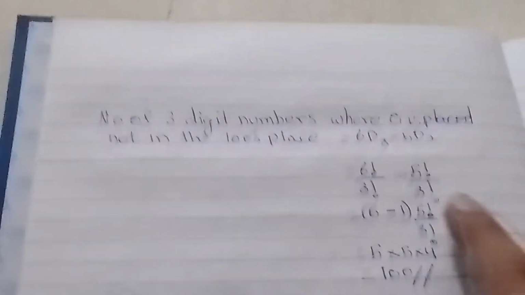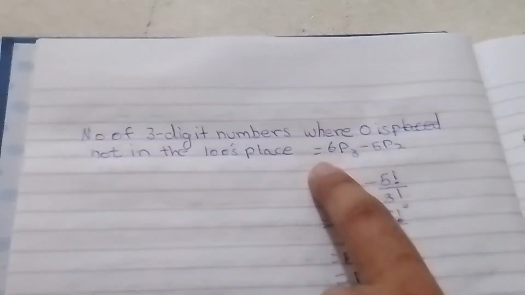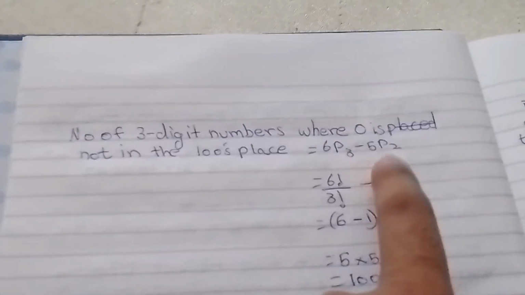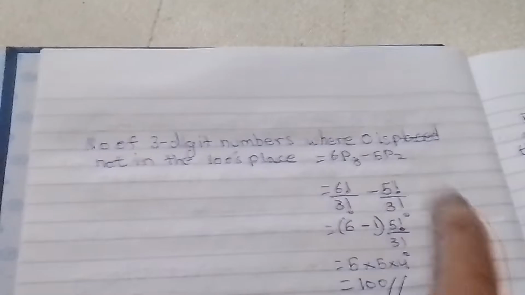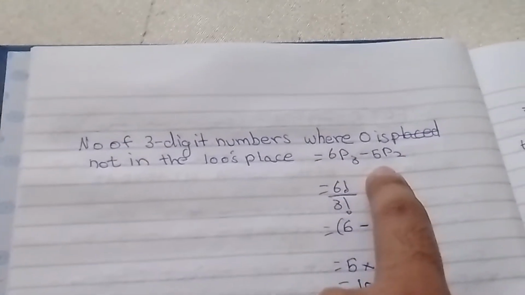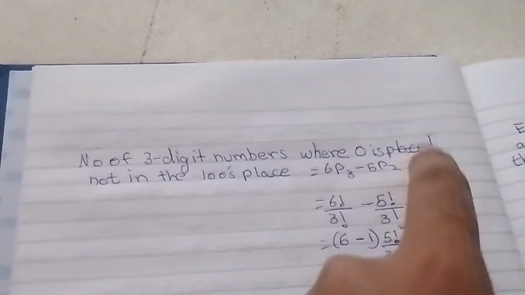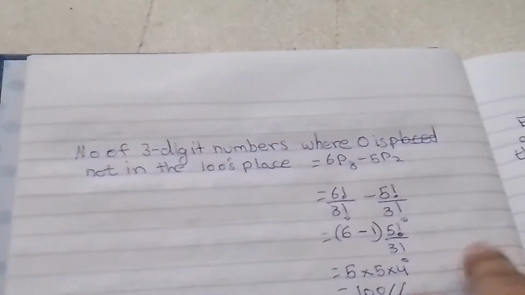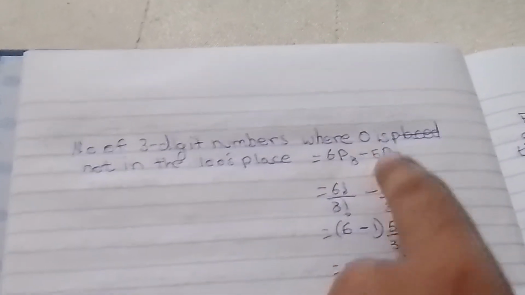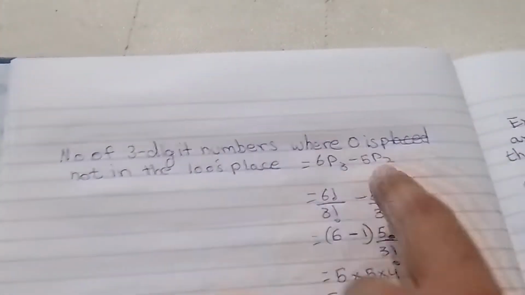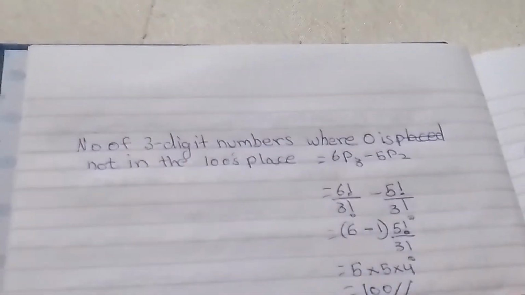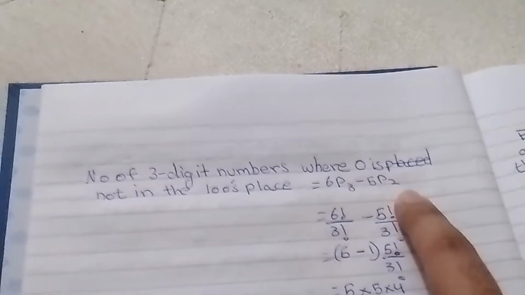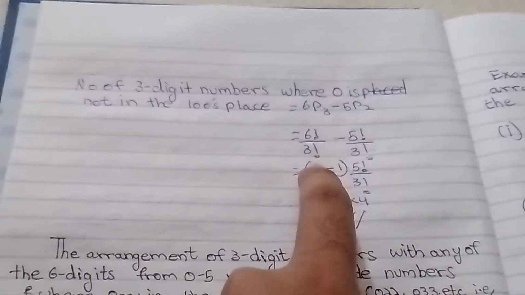That is, you subtract the total number of permutations where 0 is in the hundreds place from all the number of 3-digit numbers. Alright, from all the permutations of 3-digit numbers where 0 may or may not be included. So you completely eliminate the possibility of 0 being in the hundreds place by subtracting 5P2 from 6P3. That is 6 factorial divided by 3 factorial minus 5 factorial divided by 3 factorial.